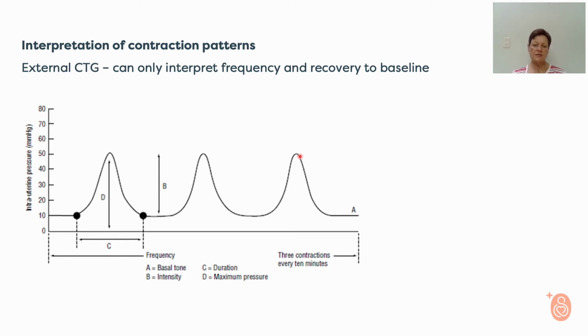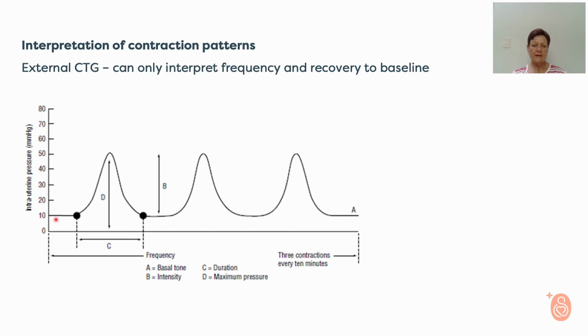And just to remind you about the baseline, we've said that when we set up the machine, we set the baseline of the contractions on the machine between 10 and 20 millimeters mercury. And the reason for that is, it again doesn't tell us accurately what the basal tonus in the uterus is between contractions. We can't do that accurately with the external method, but we can internally.